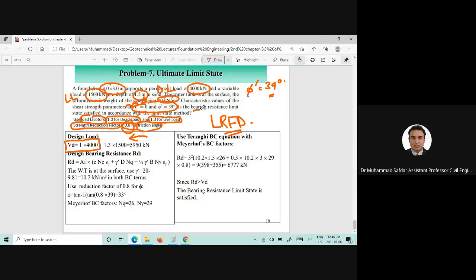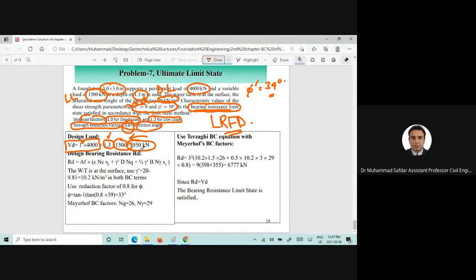Is the bearing resistance limit state satisfied in accordance with the limit state method? Based upon the limit state method, this is the bearing resistance limit. In order to check this, we will first find the design load, which can easily be obtained by multiplying 400 with the factor 1, and 1500, which is the live load, by 1.3.